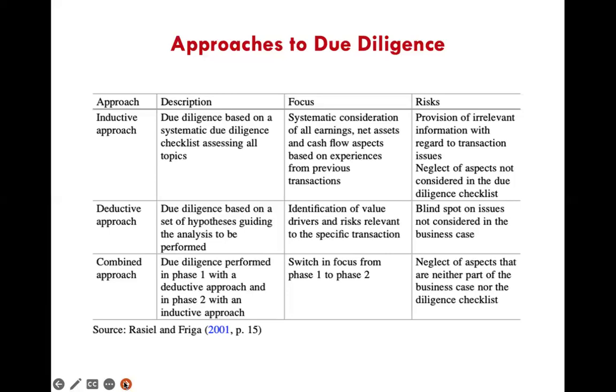And so it tends to be limited or focused on specific things. And hence, in some respects, some blind spots or some issues may be left out, which later on might turn out to be relevant in the process. Now, we can combine the two in what is called a combined approach, where in the two phases of the due diligence process, each approach will be applied.